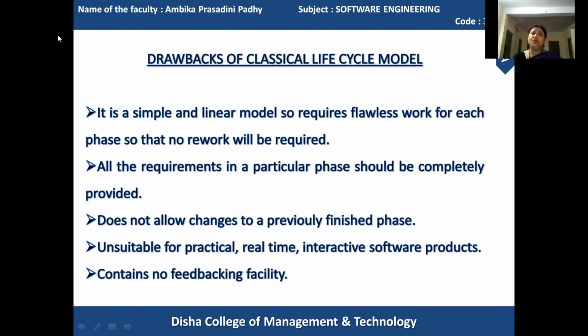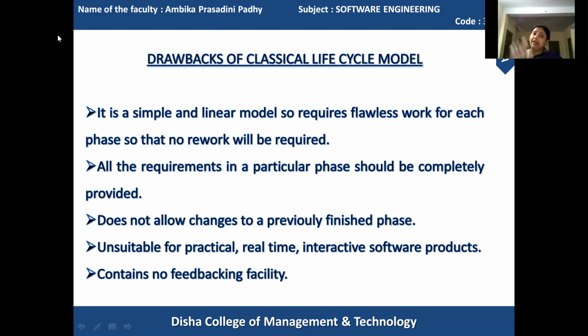So let us know what the drawbacks or problems are behind the classical lifecycle model. It is simple to understand, which is a good point. But because of its linear and sequential nature, it requires flawless work for every phase to be executed.